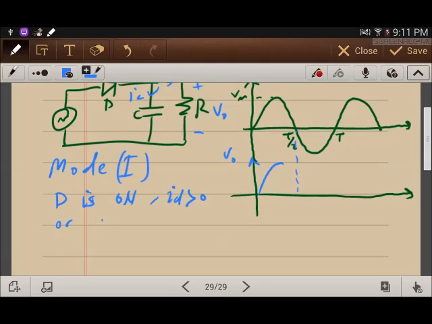So it will be IC plus IR is greater than 0.